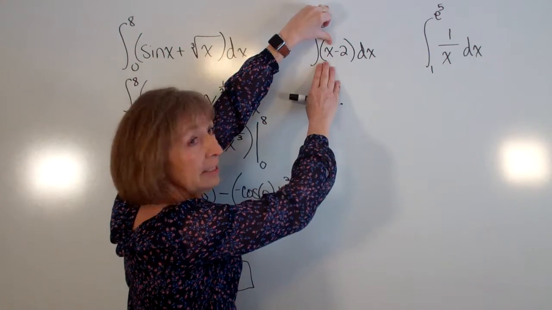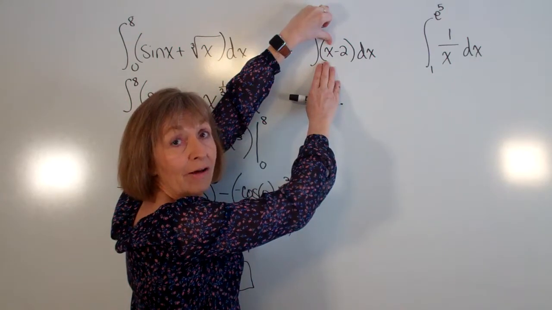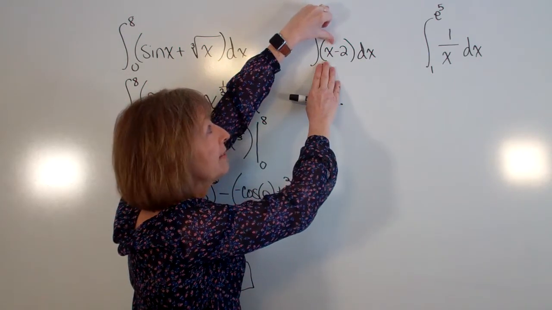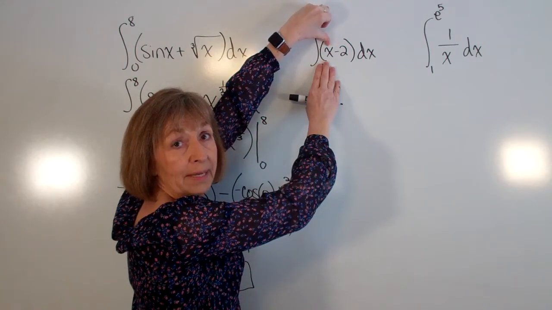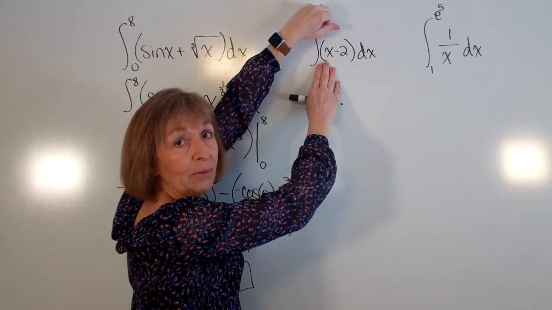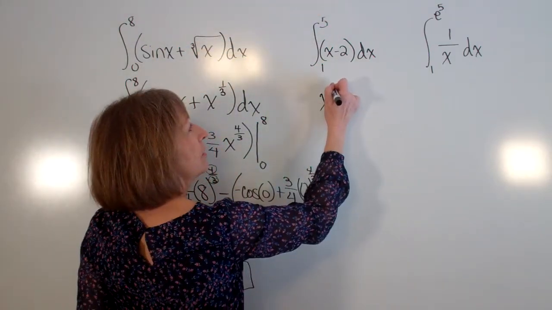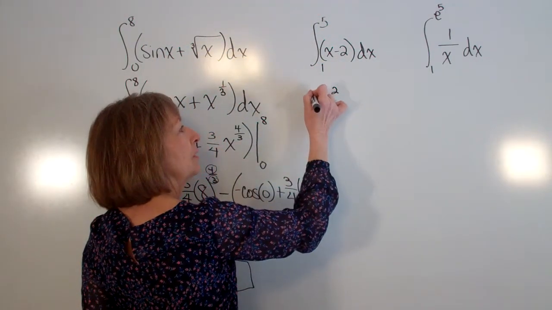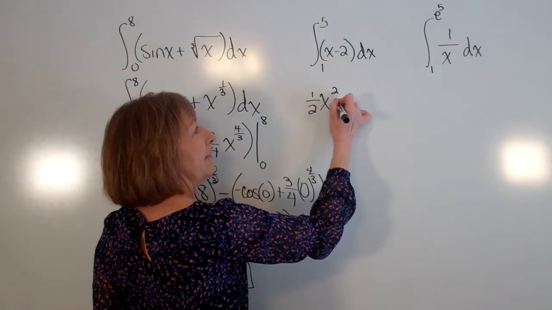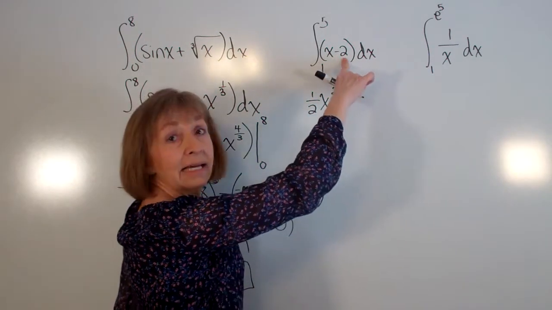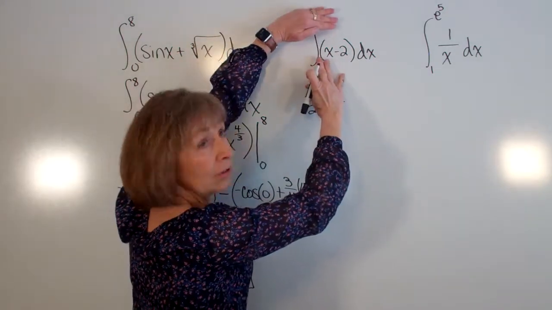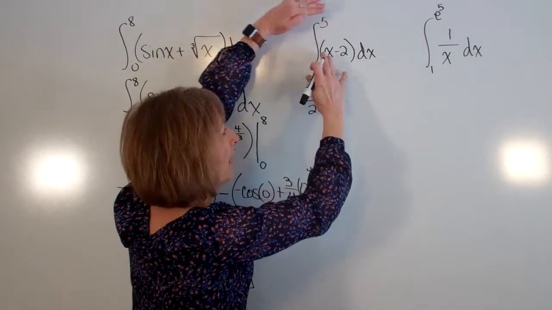But here it's just to the first power, so I'm going to just do term by term integration. The integral of x dx, remember that's x to the 1, that's letter base to number power. Add 1 to the exponent and divide by that. So it's x to the 2, and then divide by 2 is multiplying by a half. And then minus the integral of 2 dx is 2x.